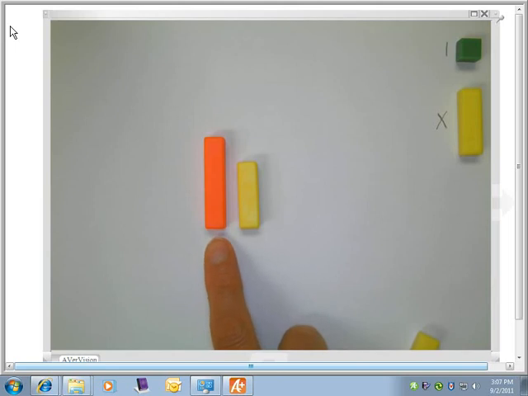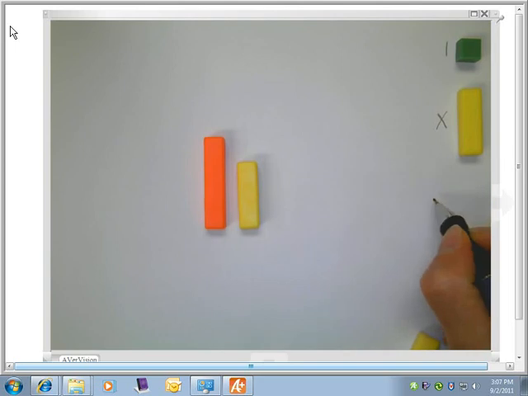I'll be saying that my orange rod is the same as my yellow rod, and they're not. So what do we do? Well, we have more letters in the alphabet, so why don't I just call this y? So I'm going to call my orange rod y.